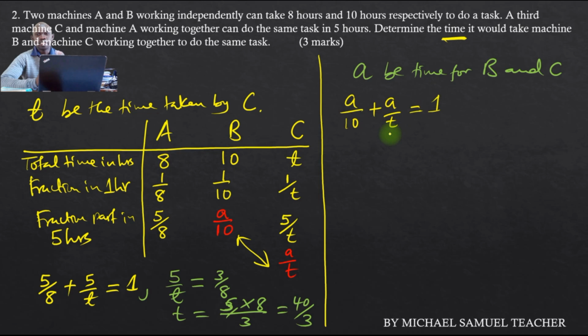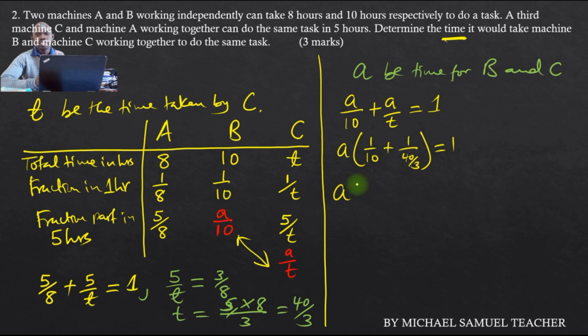We can actually factor this out. So A times 1 over 10 plus 1 over T, but T is what? 40 over 3, will be equal to 1.